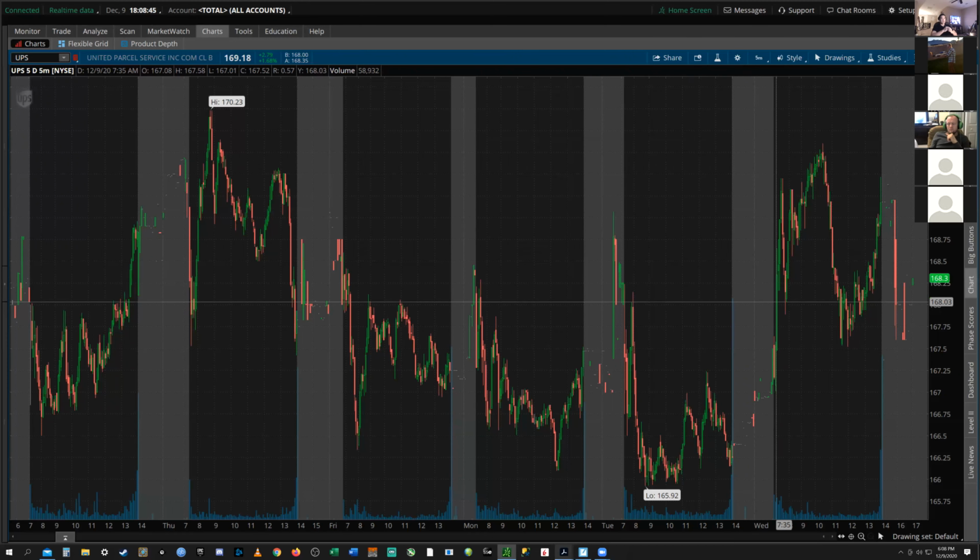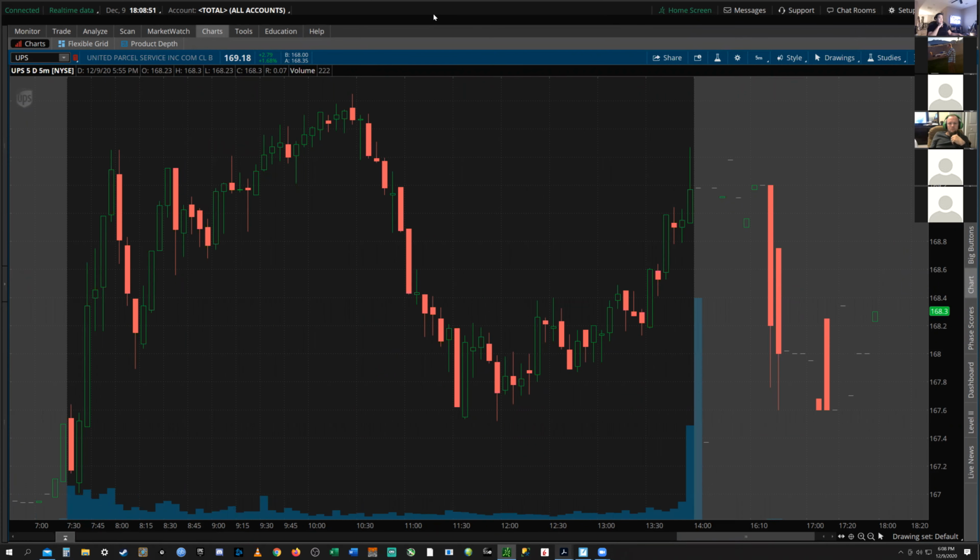So I'll choose this one right here, and let me pull up my little drawing tool. Right here is the opening, and then the thick part at the end, that's the close. And it's reversed for red. For red, it's where it started, and that's where it ended.